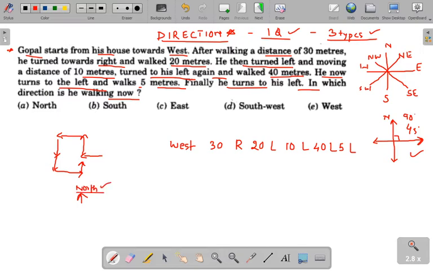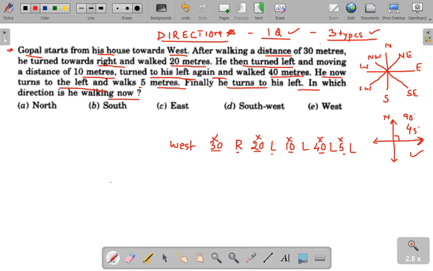So in this question, this distance doesn't matter. When the question is in which direction is he moving now, this distance will not matter. The only things which matter is this right and left. You can draw it like this. I'll do it again.